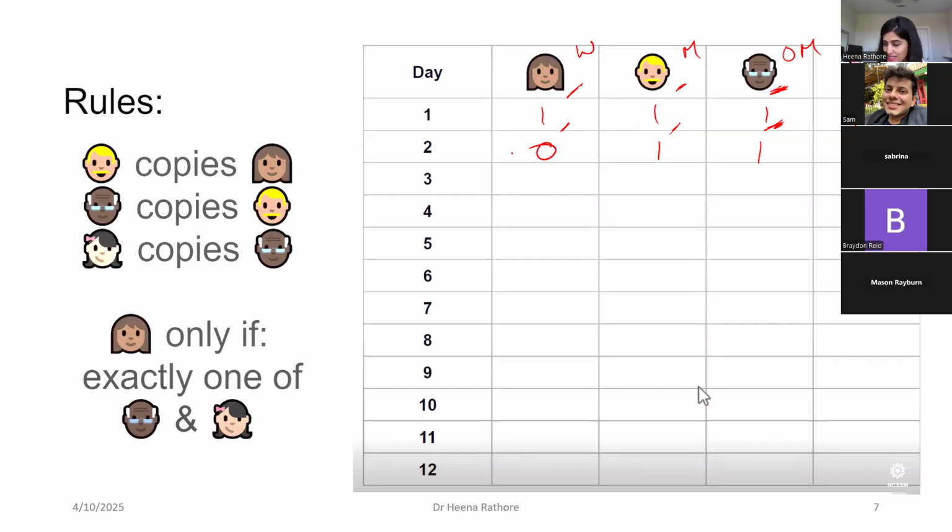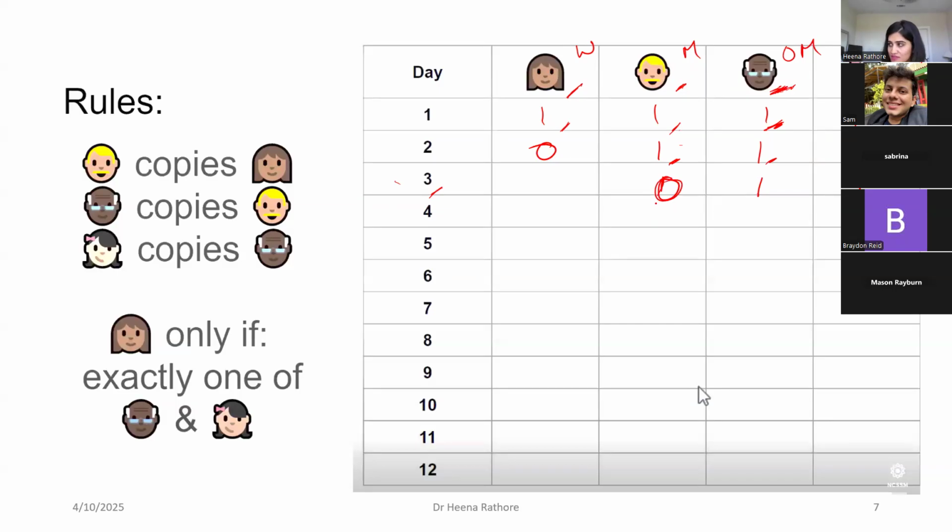So on the third day, once again, the girl will have one if the old man has, so we put 1. The old man will have one if the man had it the previous day, which is 1. The man will have one based on whether the woman had it, but the woman had 0, so we put 0 over here.